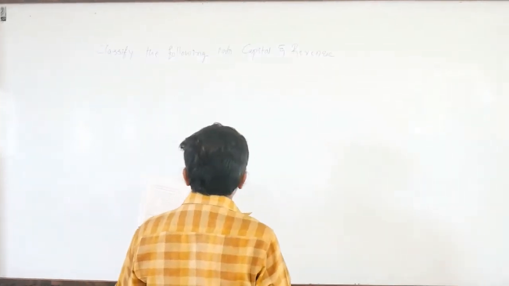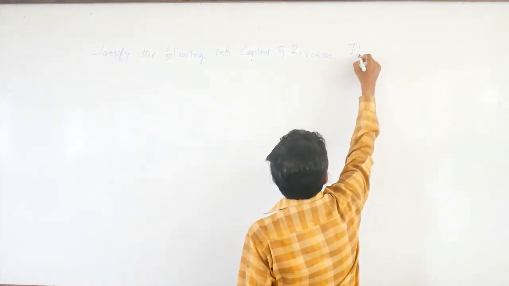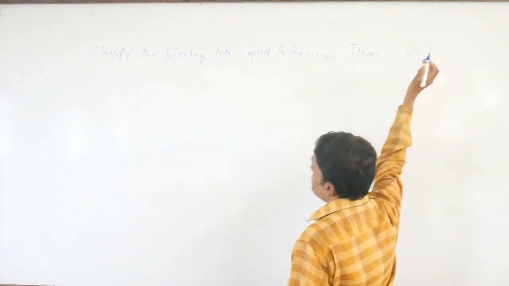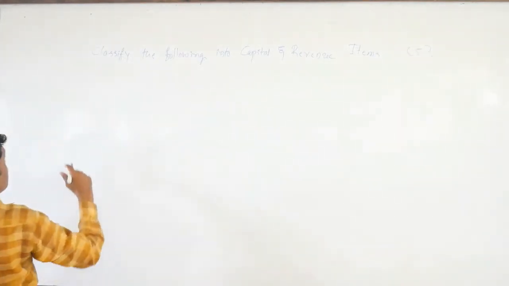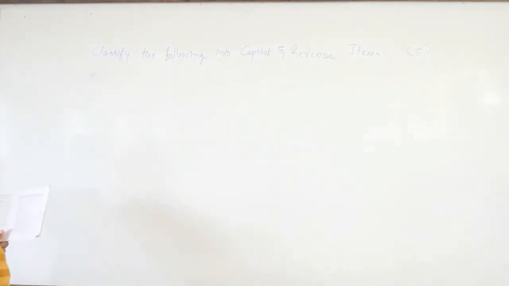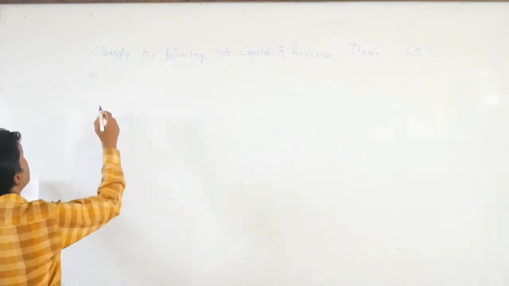Classify the following into capital and revenue items. So these kind of questions for 5 marks, like this, they will ask the question under the section E, that is the last section. So here I am going to solve one example, that is legal charges incurred.